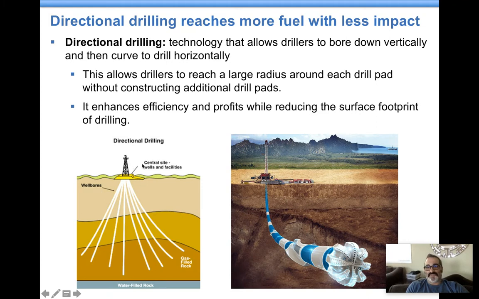So it actually is technically good for the environment, if there is such a thing when you're drilling for a fossil fuel. It's more efficient because you're only drilling from one area. They make more money. It's all about money. It maximizes profits. It can help the environment because you have fewer drill pads on the surface, but in reality, you shouldn't even be going after those fossil fuels in the beginning.